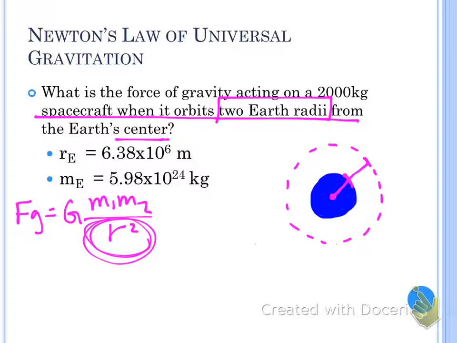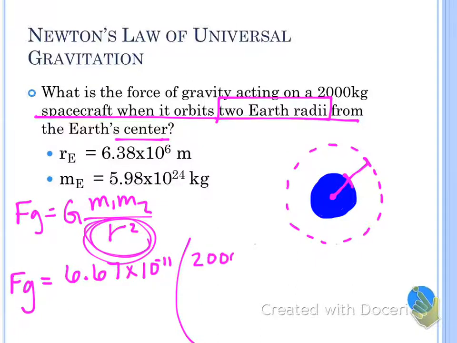So, we want to find the force of gravity here. We know G. Wait, so when you use r, it's from the Earth's center to the... It's from the Earth's center to the object, wherever that object is. So for M1, we'll use the spacecraft, so 2,000.